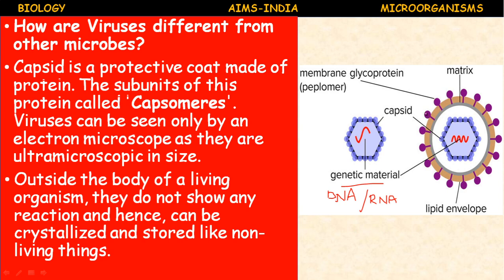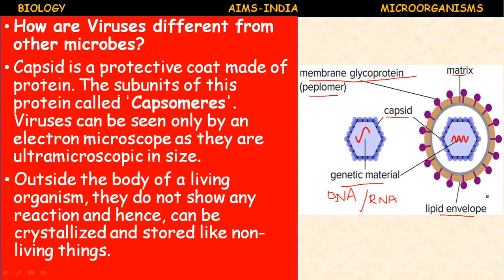So a genetic material surrounded by capsid. What is a capsid? A capsid is a protein layer. This protein membrane is divided into several capsomeres. Here the membrane, a glycoprotein membrane structure, peplomer it is, the matrix, and an envelope, a lipid envelope is present, protective in function. So the structure of virus is so simple, nothing is there inside, only the genetic material and a protein coat.